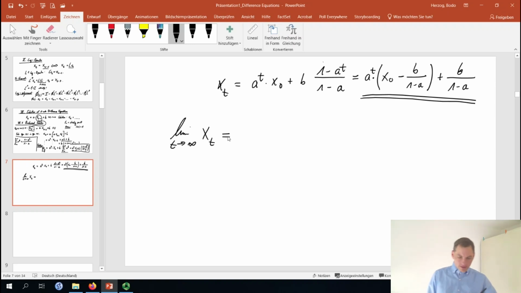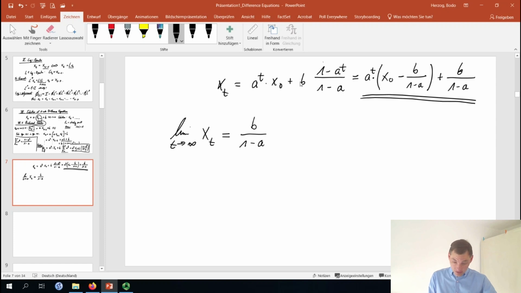Well, look, we know the absolute value of a is less than 1, and then we have a to the power of a large number. Well, that goes to 0. That means the first term will be 0. So what it is, it's just converging to b over 1 minus a, right? Because a to the power of t is going to 0, and 0 times something is 0.